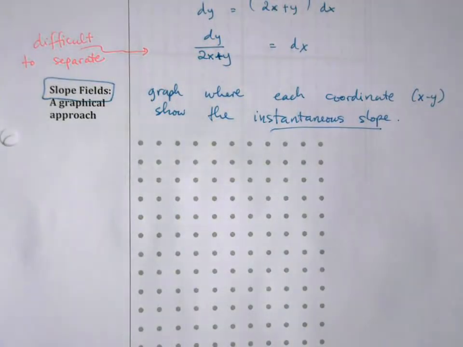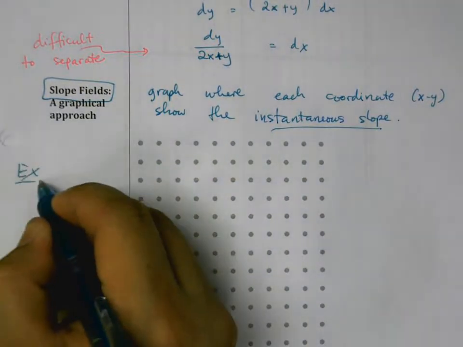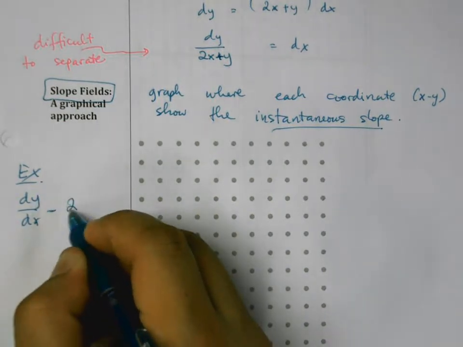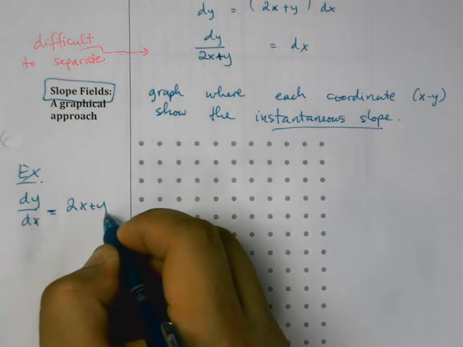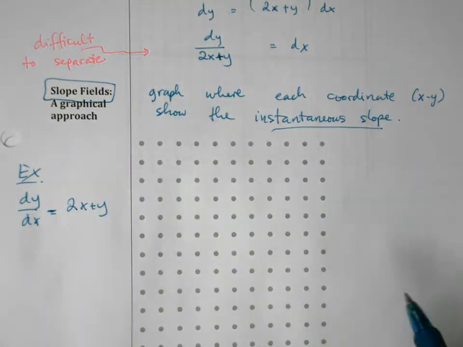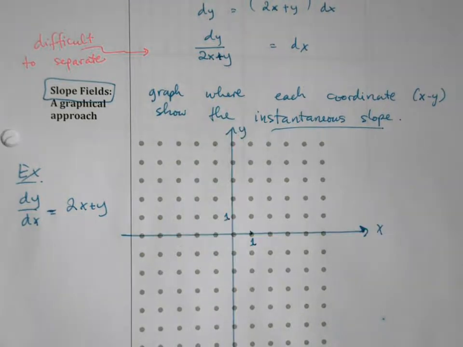Okay, so let me show you how this works with our example, which was dy dx equals 2x plus y. I'm going to start by making some xy axes, and then we'll start graphing this.